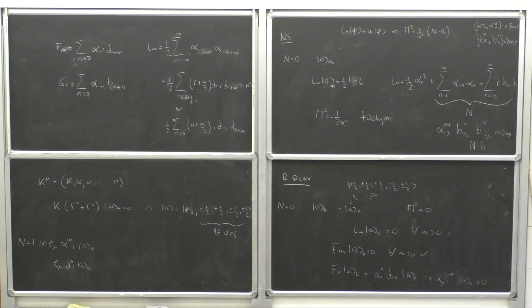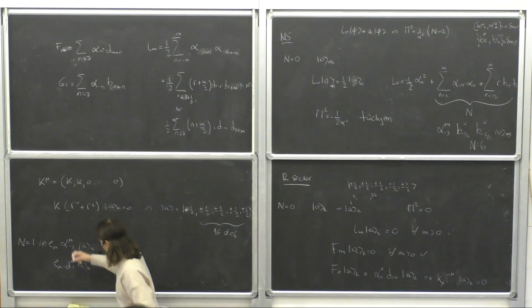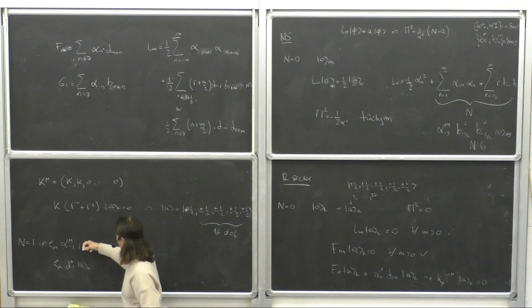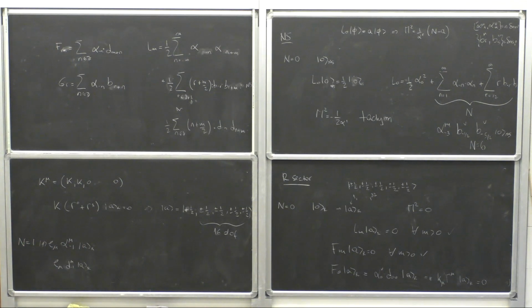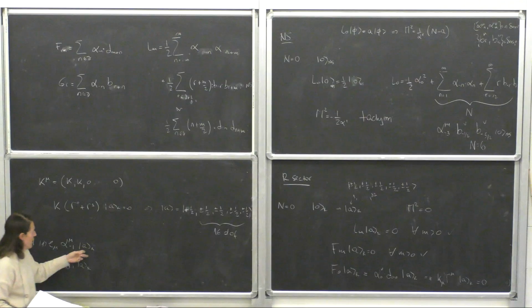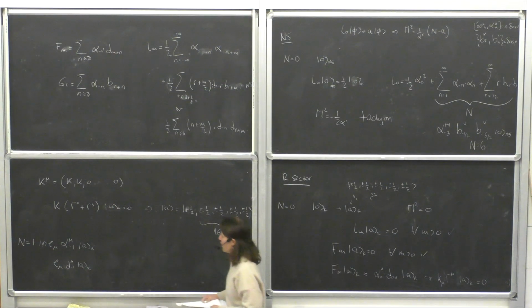If I want to count degrees of freedom, this should be 16 times 16, because there will be a physical state condition that will tell you about the chirality along k.